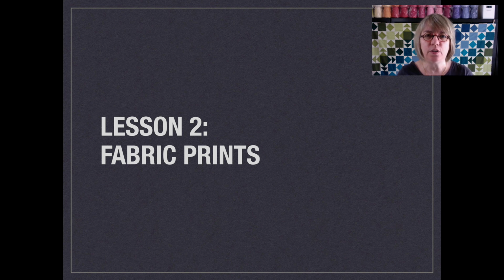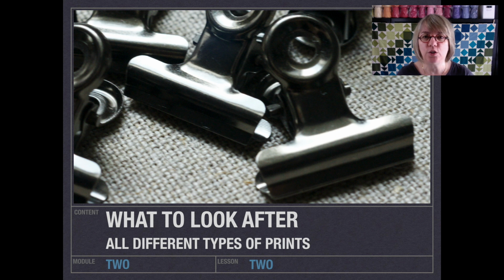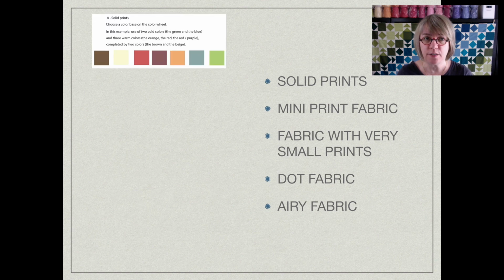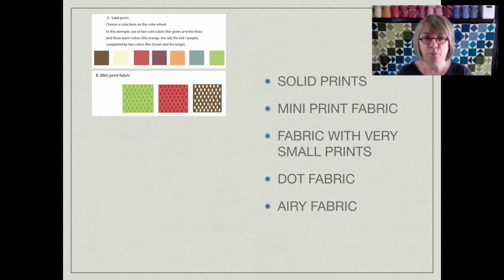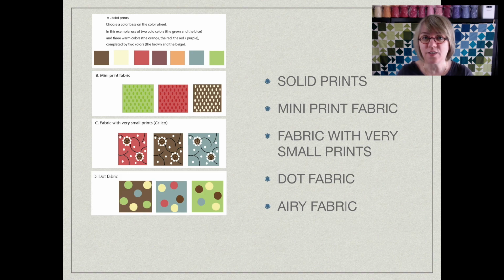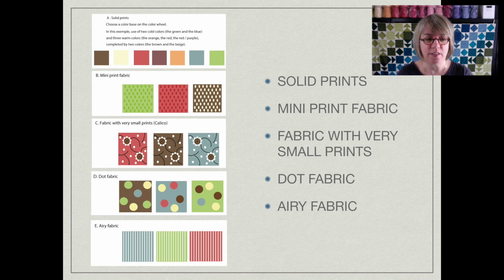So here we're going to talk about the fabric prints. So what to look after. Fabric prints can be made up of solid prints, mini prints, fabrics with very small prints, fabric with dots, or airy fabric.